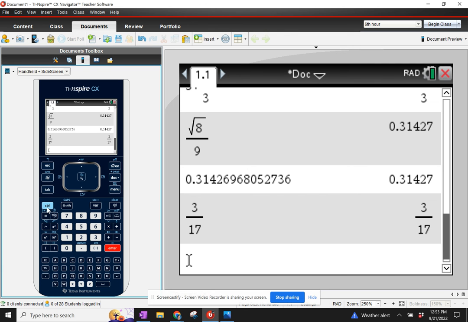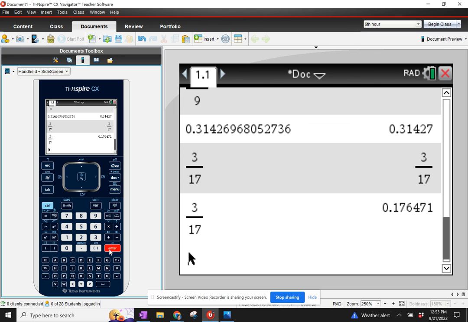The reason why the calculator is going to try to trick you is that it looks like there's no pattern here, but there is. The calculator just doesn't show all the digits.